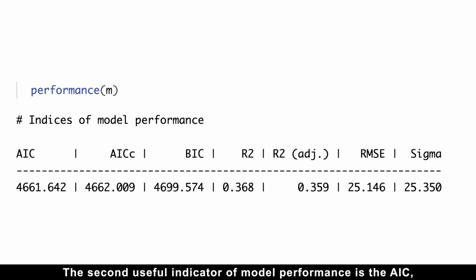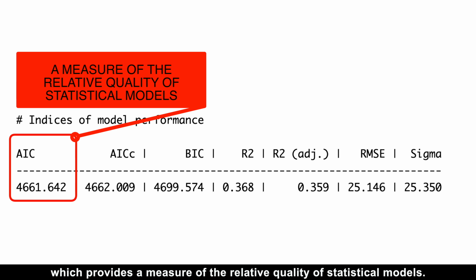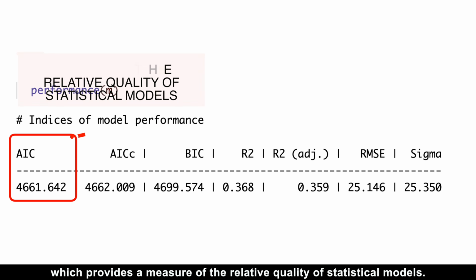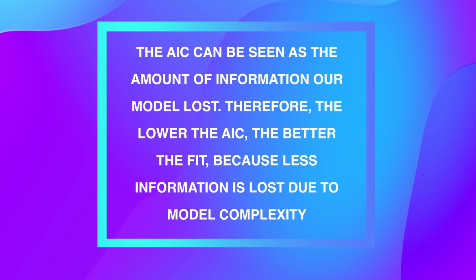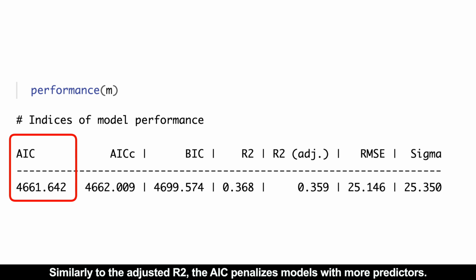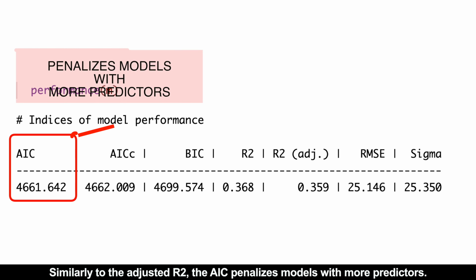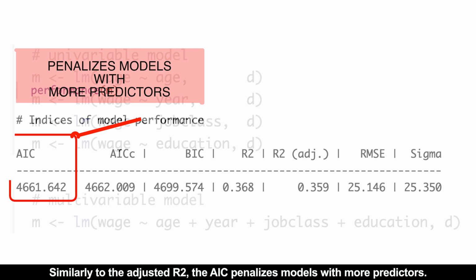The second useful indicator of model performance is the AIC, which provides a measure of the relative quality of statistical models. The AIC can be seen as the amount of information our model lost. Therefore, the lower the AIC, the better the fit, because less information is lost due to model complexity. Similarly to the adjusted R-squared, the AIC penalizes models with more predictors.